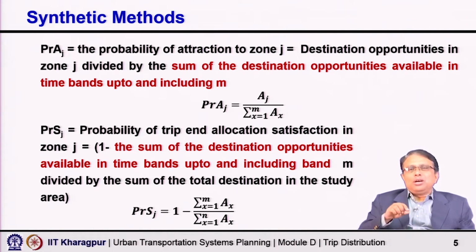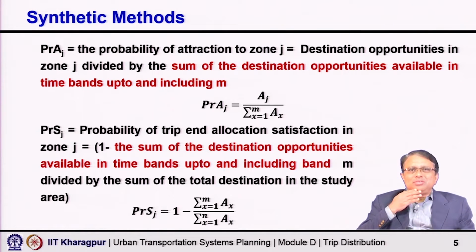What is the probability that it will get attracted to a particular zone J? It will be the attraction in zone J divided by the attraction of all the zones up to zone J, inclusive of zone J, the total opportunity.